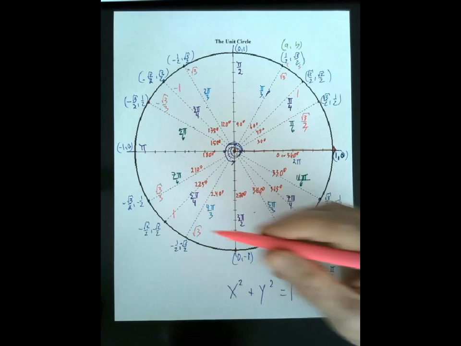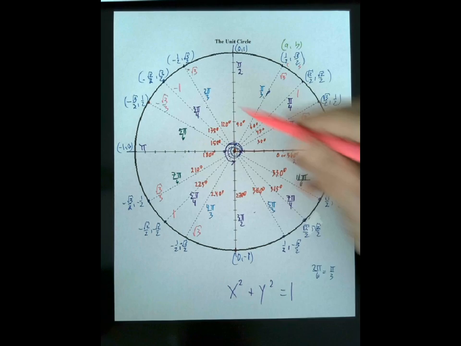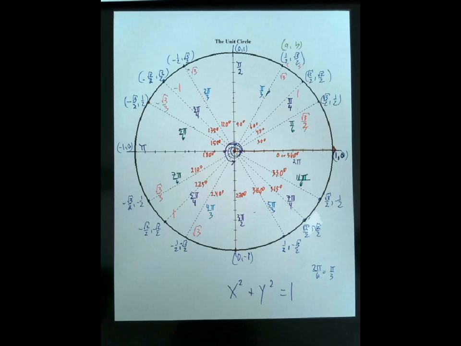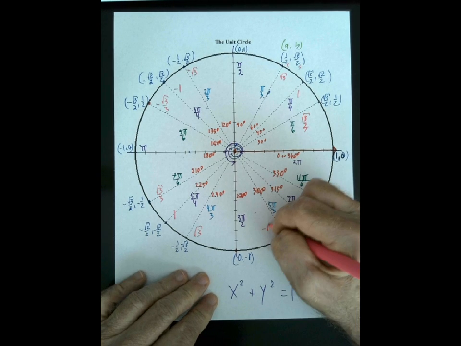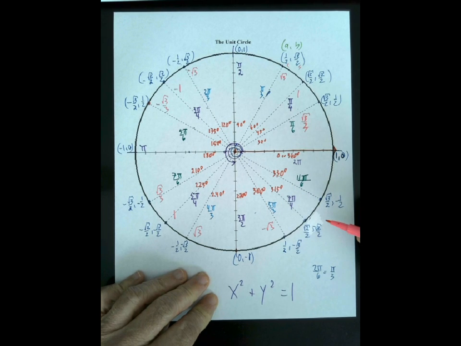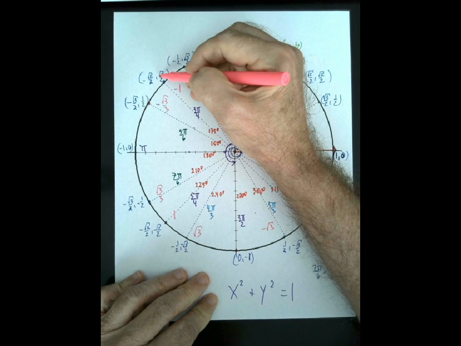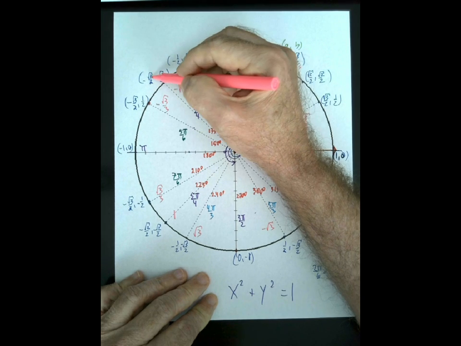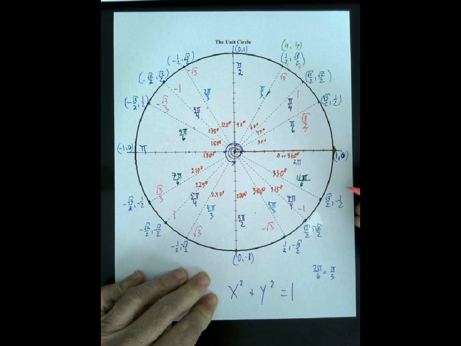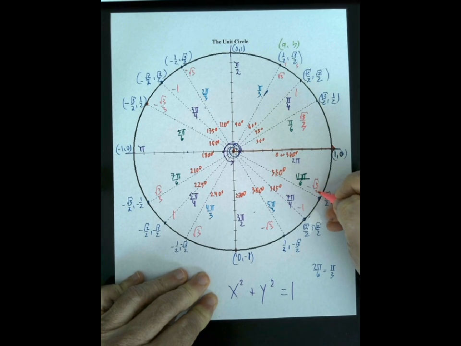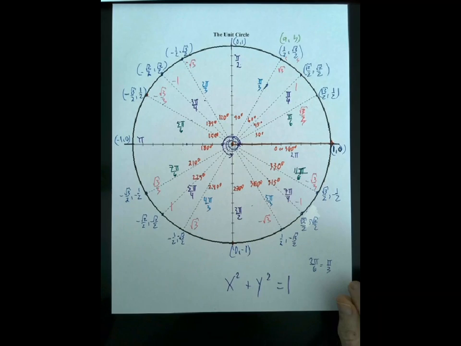The only thing different is they're either negative or positive, depending on what quadrant they're in. This one has got to be negative rad 3, because it's negative divided by positive. This one is negative divided by positive. So these will all come out to be negative again. So those are the tangent values.